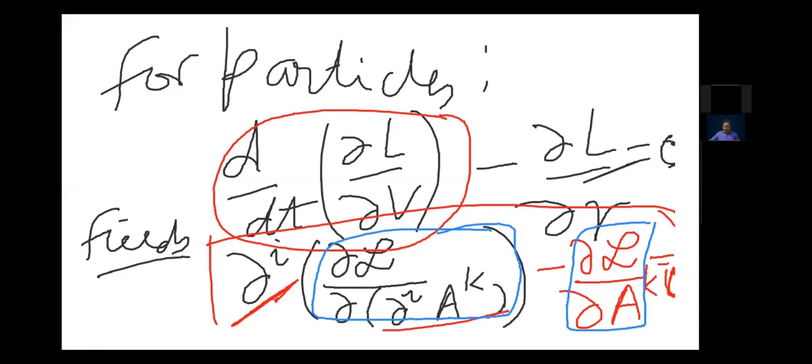First we will try to find this part, the first one, that is del L by del i A k.